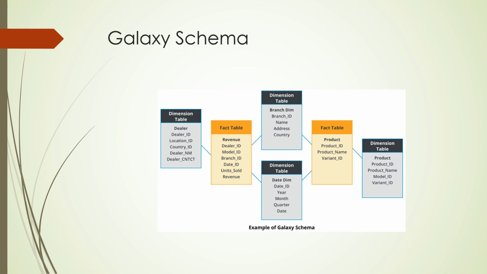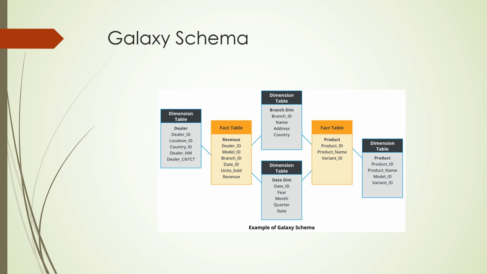Comparing the complexity, star is a simple design, whereas snowflake and galaxy are more complex ones. Then storage use is like star schema has high disk space due to data redundancy, whereas snowflake and galaxy use low disk space. Design limitation is like one table only, no subtable in star schema.